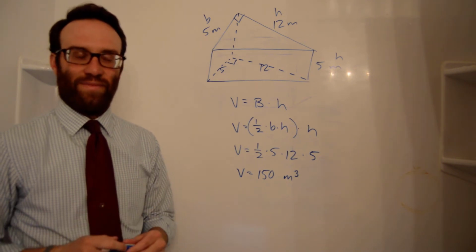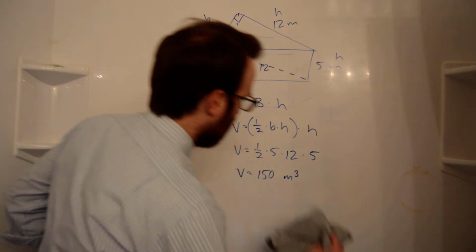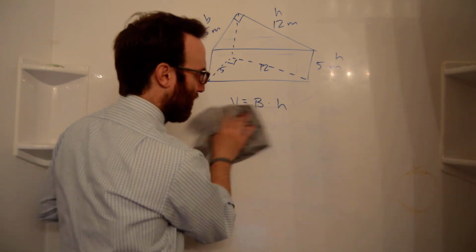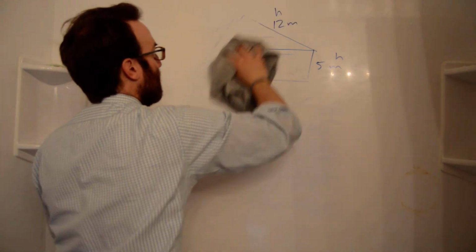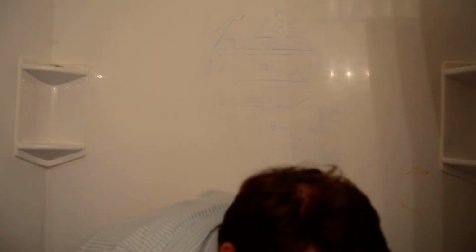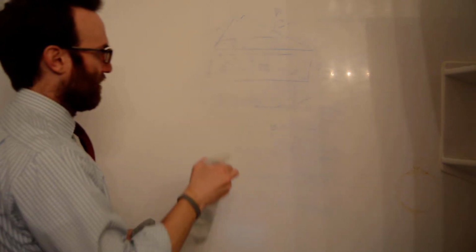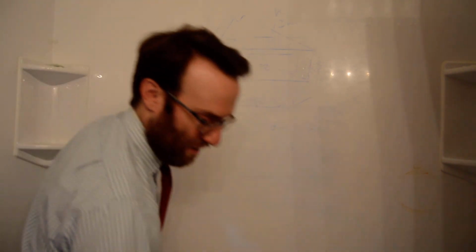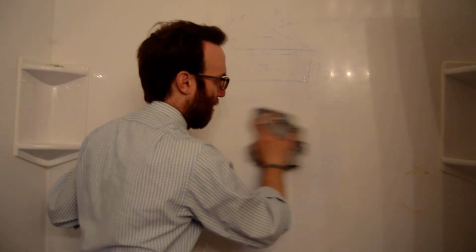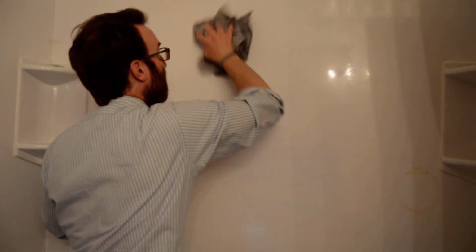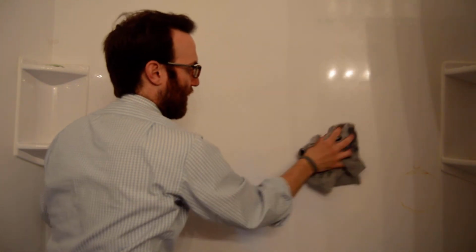Alright, one more problem then. Stick with me here. And in this problem, we're going to look more specifically. I'm going to clean that off a little bit better so that we can see this one in detail. And in this last figure, we're going to look at a pyramid.